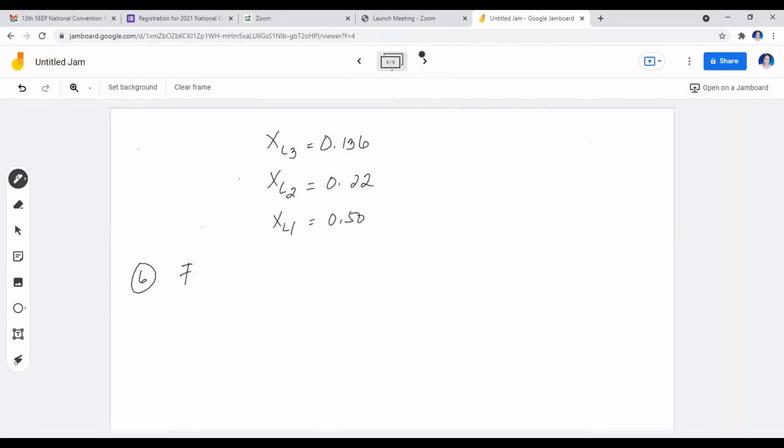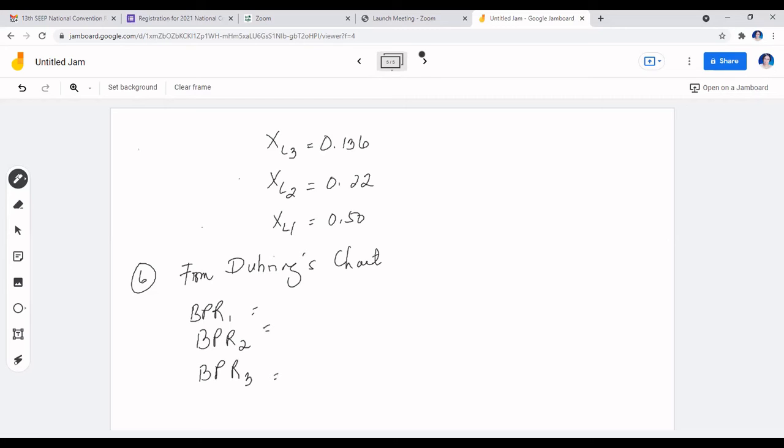So from, I think I've mentioned it with single effect, you get it from the Duhring's chart. You get the BPR from the Duhring's chart and you will have BPR1, BPR2, BPR3.